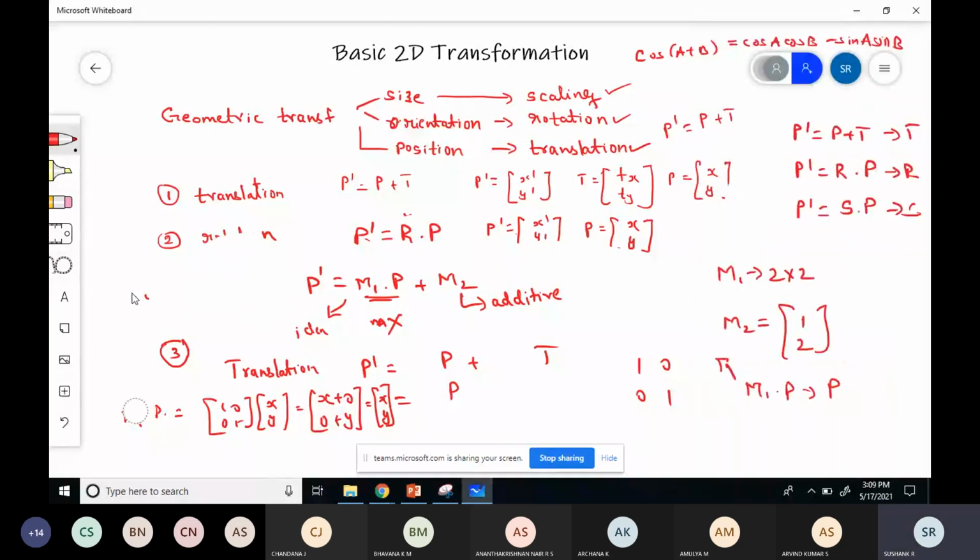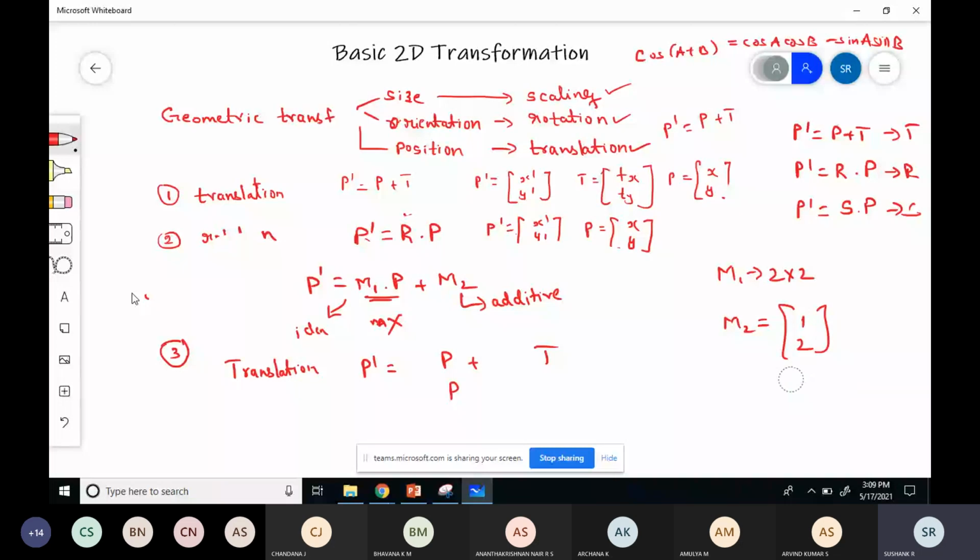So whenever translation is involved, M1 for the translation operation will become the identity matrix, and M2 will be the shift vector value.